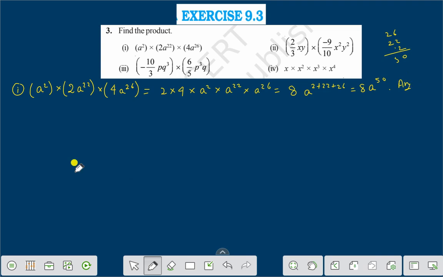Question number 2 here you see is 2 by 3 xy multiplied by minus 9 by 10 x square y square.